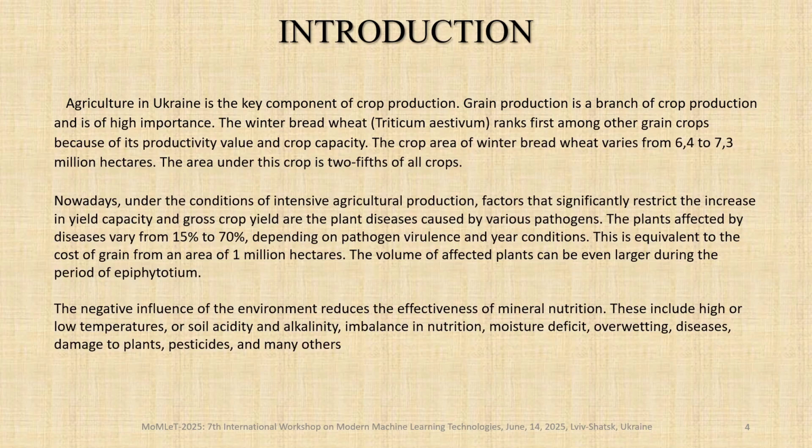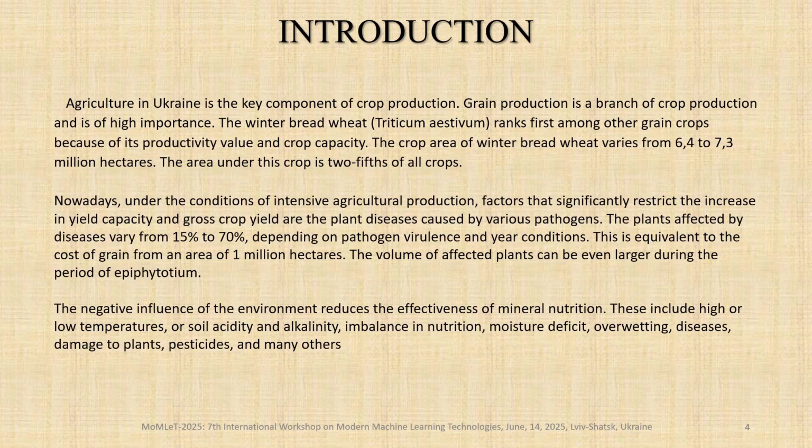Modern agriculture faces growing challenges such as climate change, increased population, and the need for sustainable food production. Ukraine, being one of the leading grain producers, places particular focus on winter bread wheat, which covers up to 14% of the total crop area.